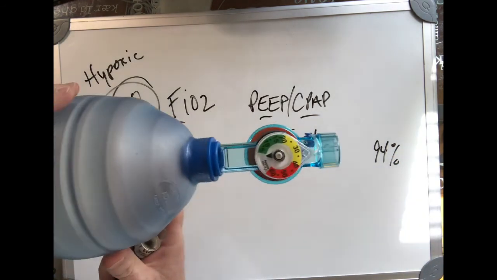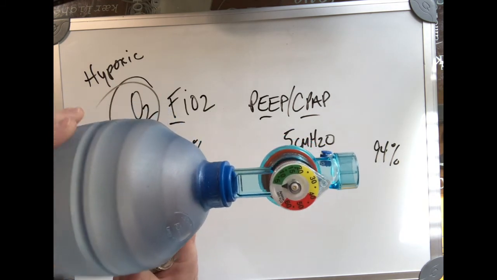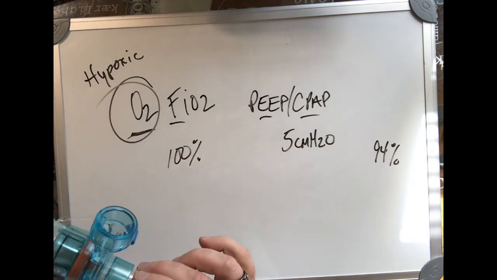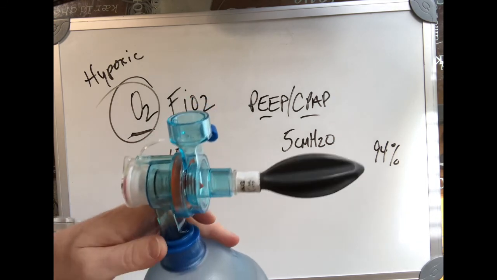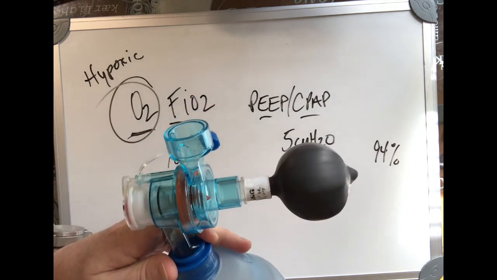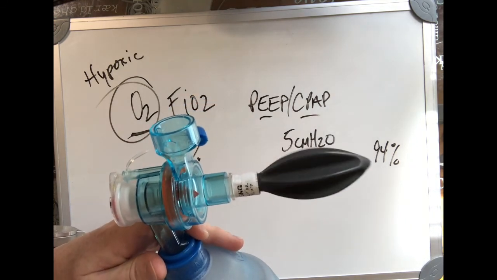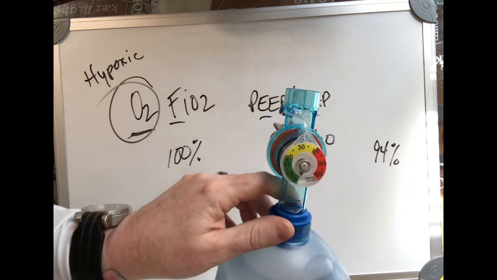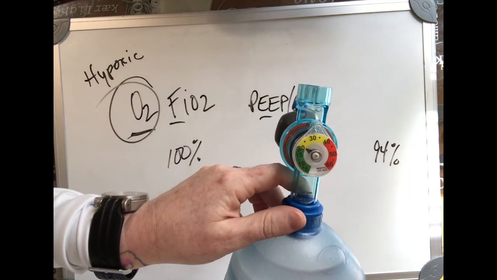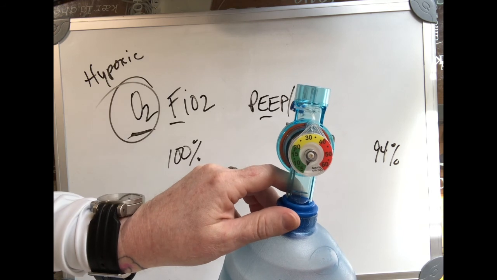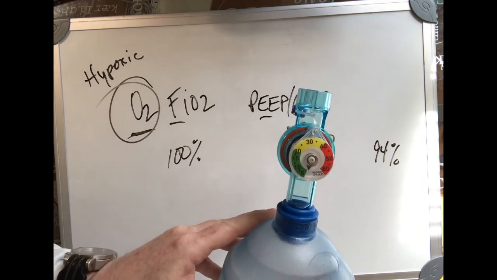This BVM has a manometer on it, so you can see how much pressure you're generating. And what I'm going to do is put a little lung on there, just like so, okay? And we're going to squeeze and release. And that is with no PEEP at all. You can see here, my inspiratory pressure is 20, and when I let go, it drops below 0 on the PEEP, okay?